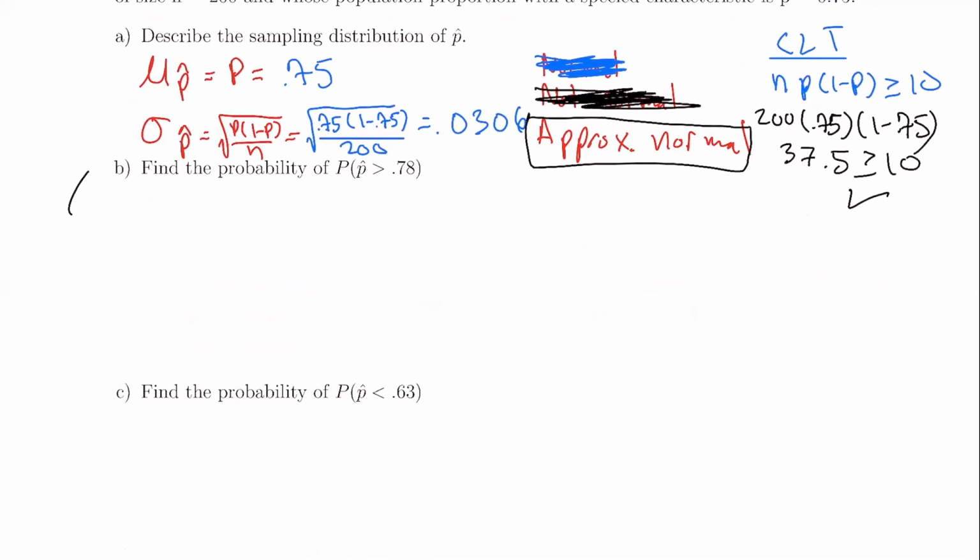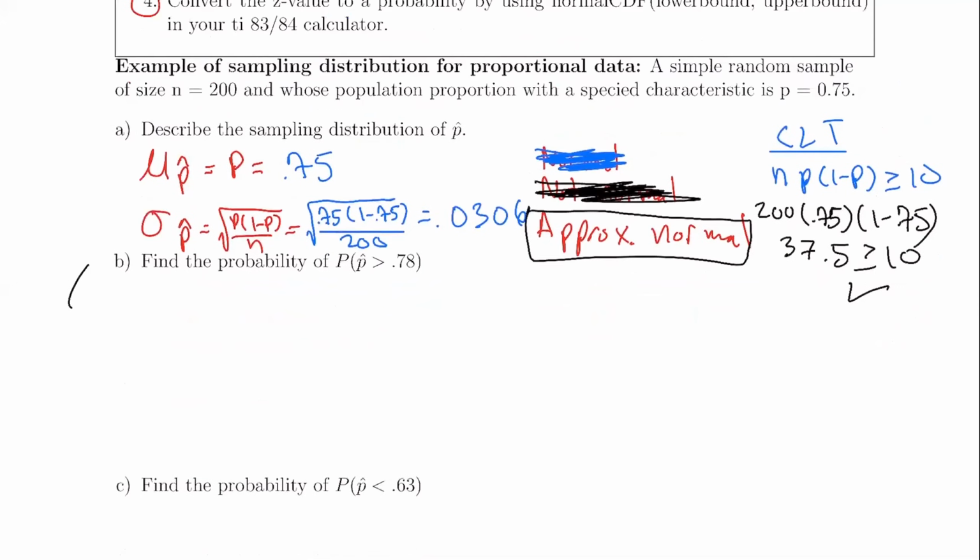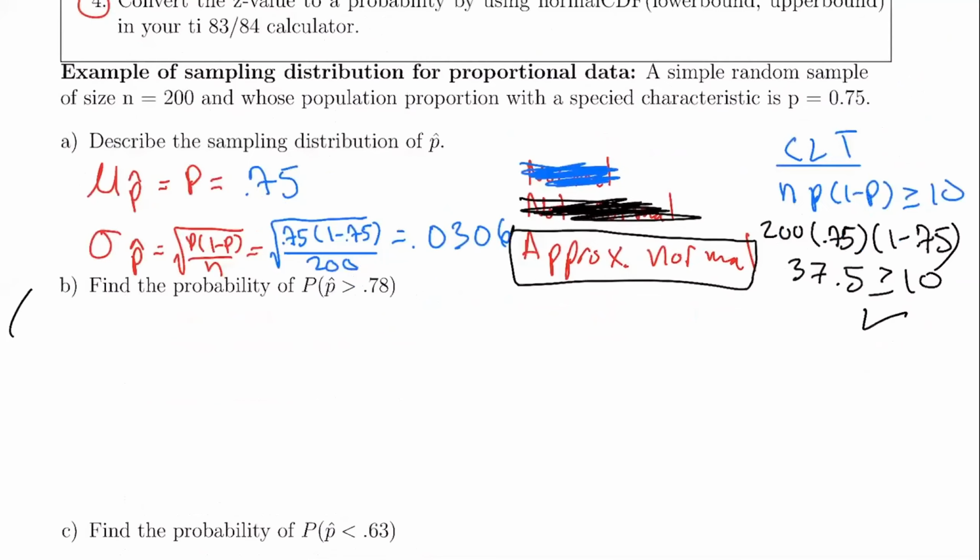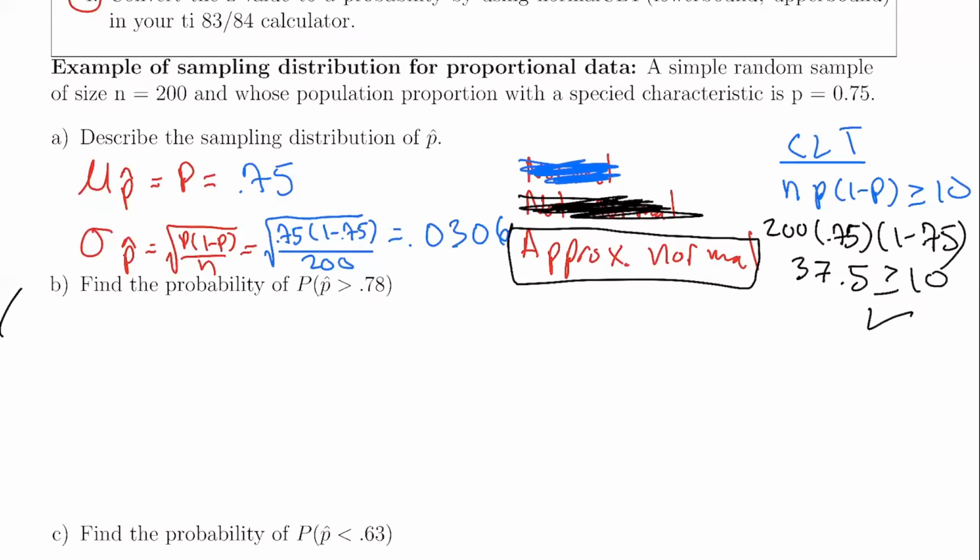So let's get started. If you remember, at the very end of Monday, we did part A. For part A, we wanted to describe the sampling distribution of p hat.